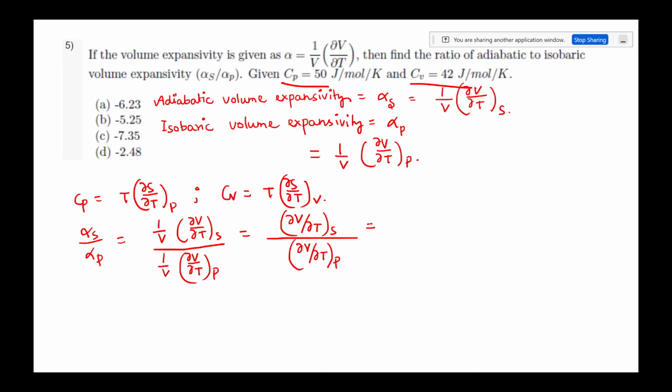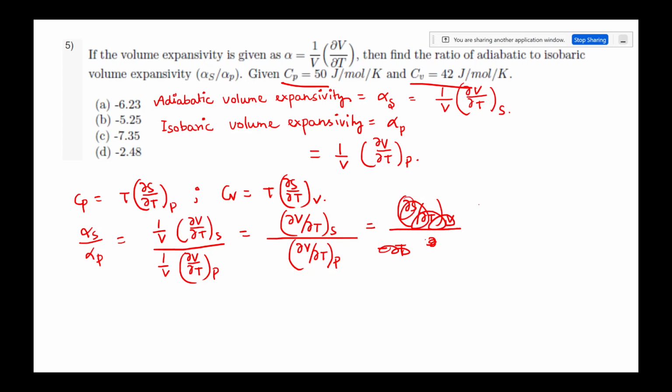Okay, so this is a term that we can write in terms of del s del t at constant v divided by minus t. So we will see how can you write it.